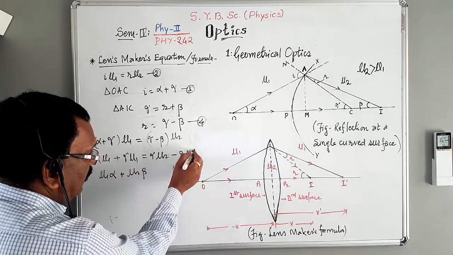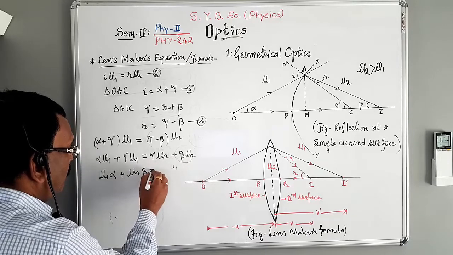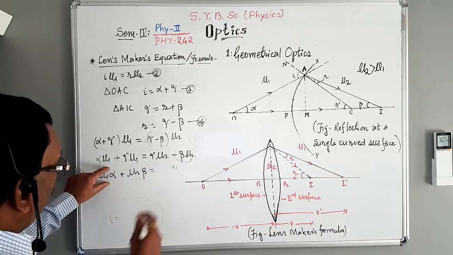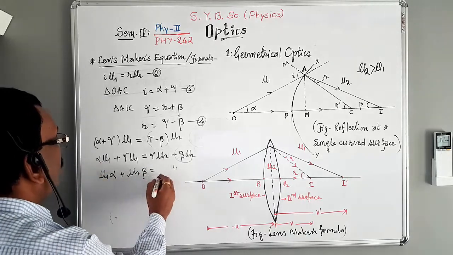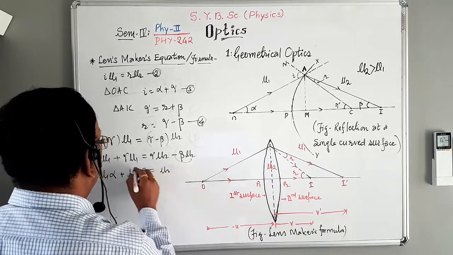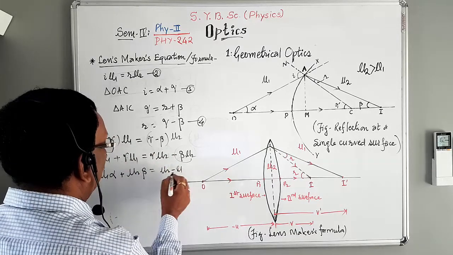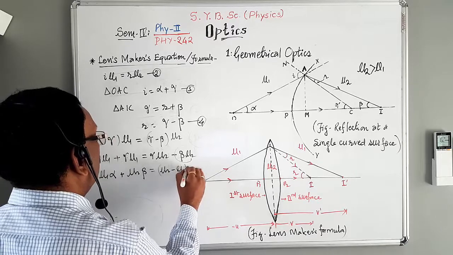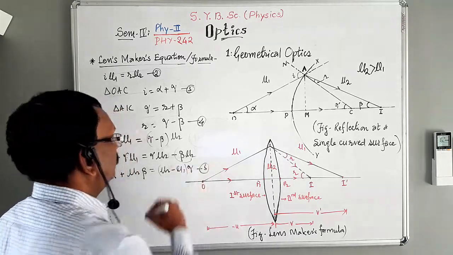Carrying this term to this side, negative becomes positive. Then mu 2 minus mu 1, when you bring this term to this side, it becomes negative, and take gamma as a common factor. So we get this equation. Suppose this is equation 5.